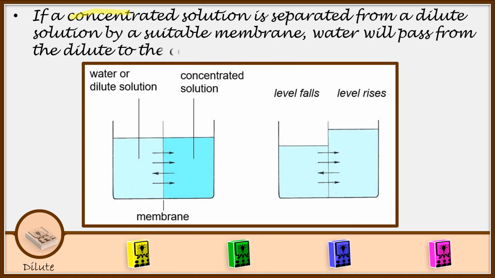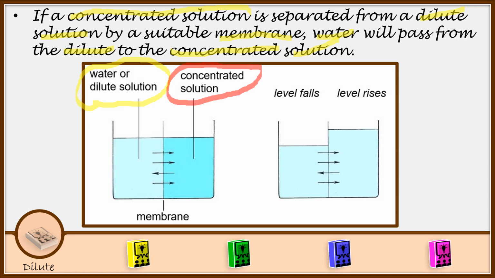If a concentrated solution is separated from a dilute solution by a suitable membrane, water will pass from the dilute to the concentrated solution. So here we have water in a dilute solution, and this side we have water in a concentrated solution.